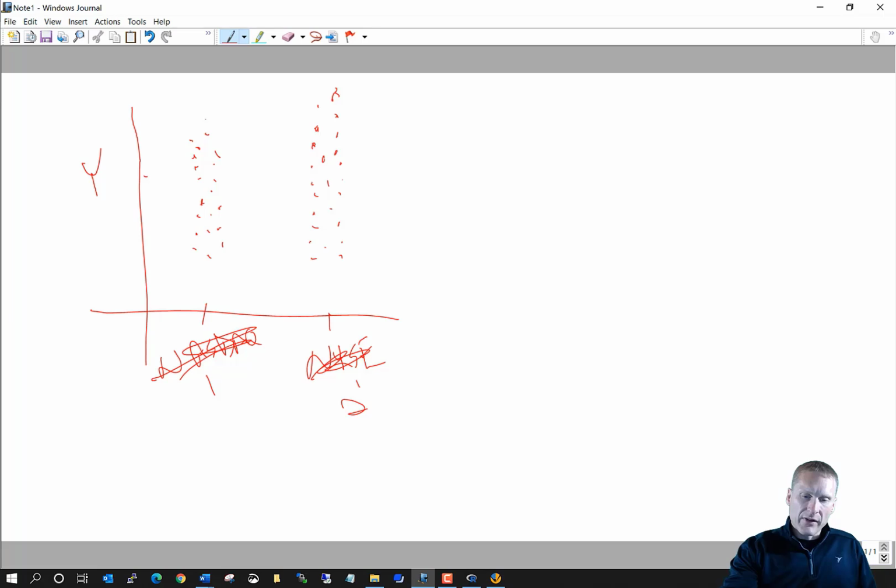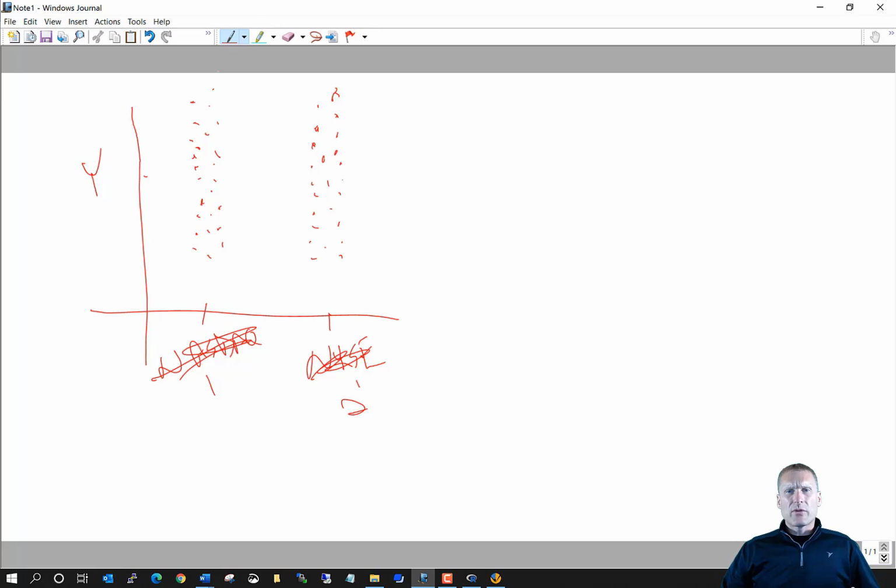Then if I see something like this, now we see these two situations where both samples have a large amount of overlap. In fact, they almost completely overlap. In this situation, I would say, yeah, I'm probably not going to find a difference in the population means.